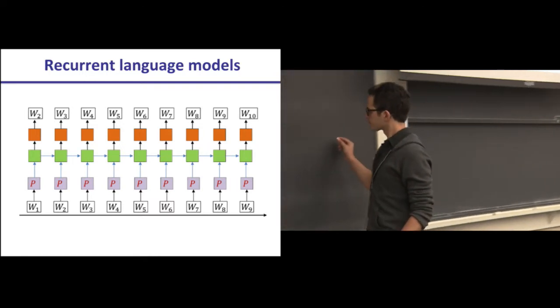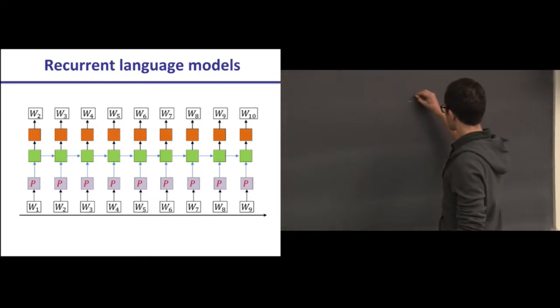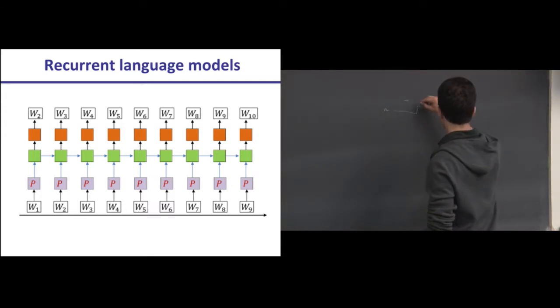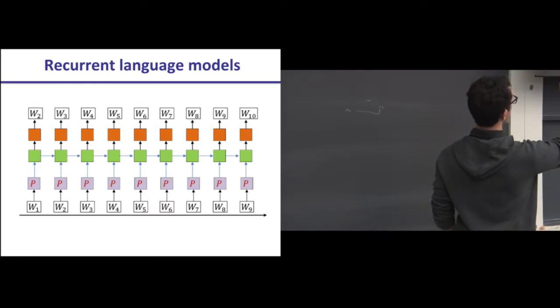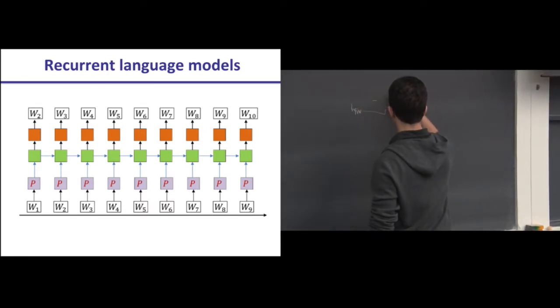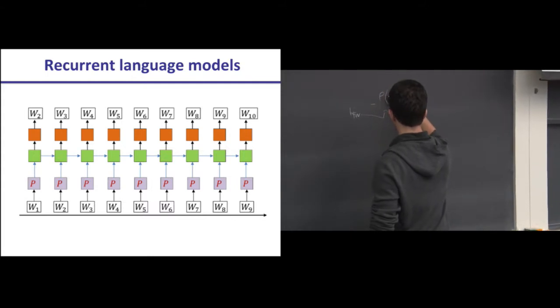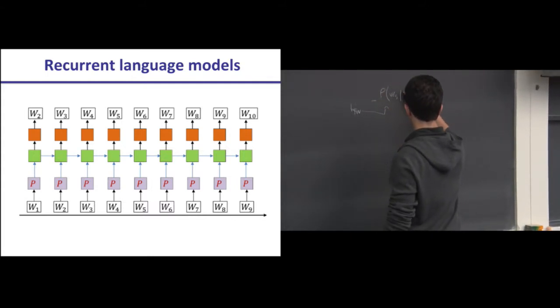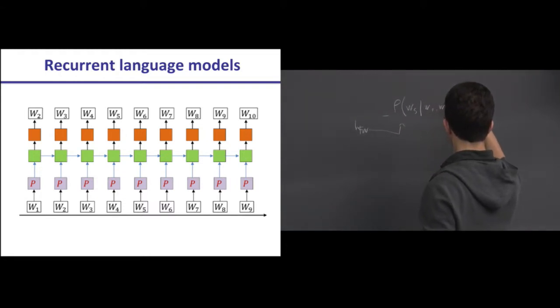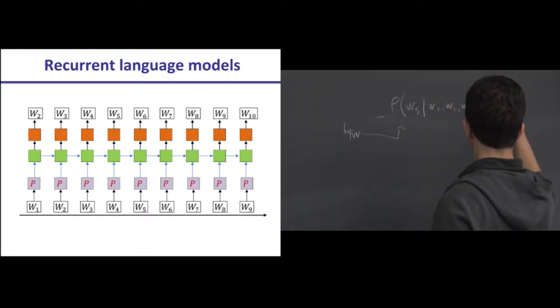Okay. So the first thing you do, you feed your n words, and because that's what the output is, you're going to get the probability of W5 given W1, W2, W3, W4.